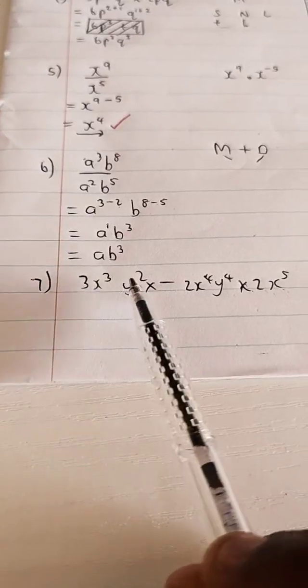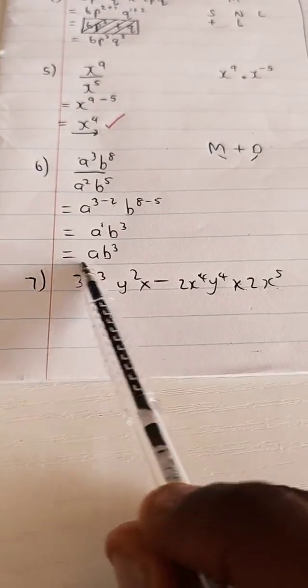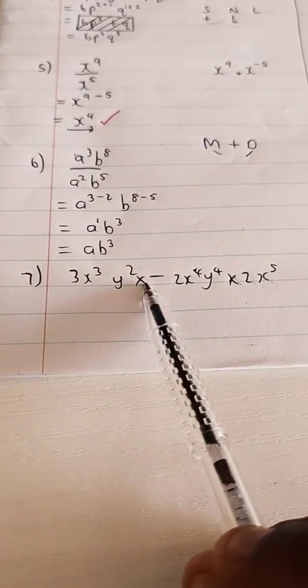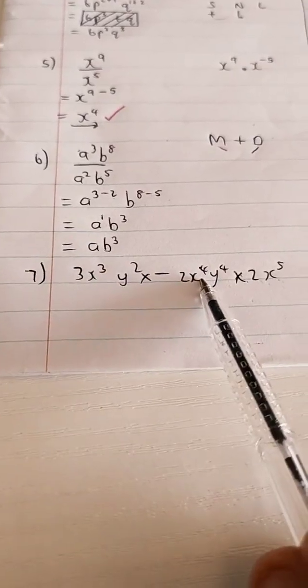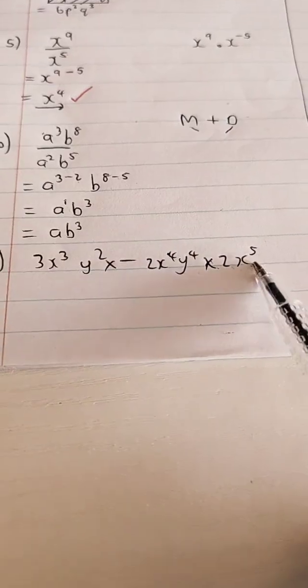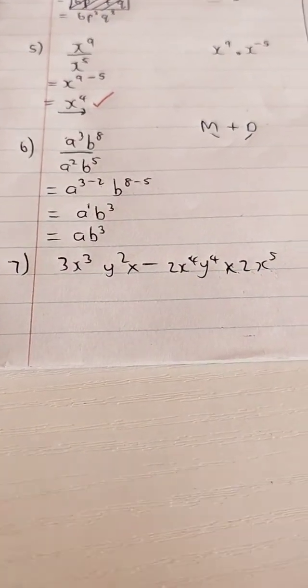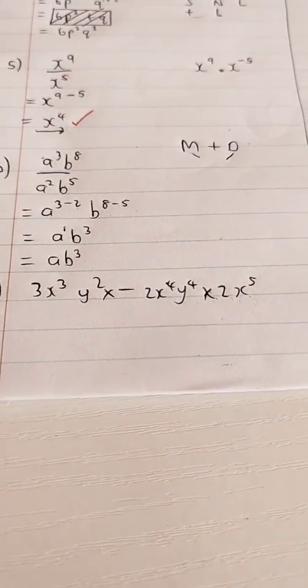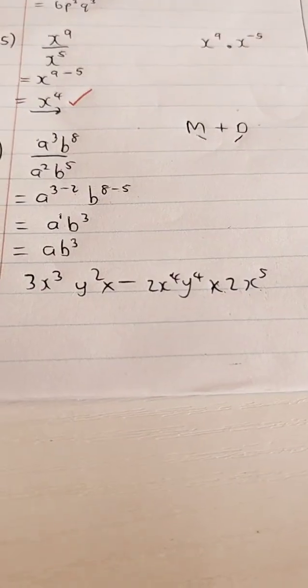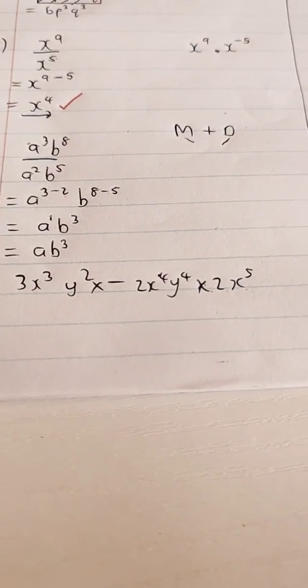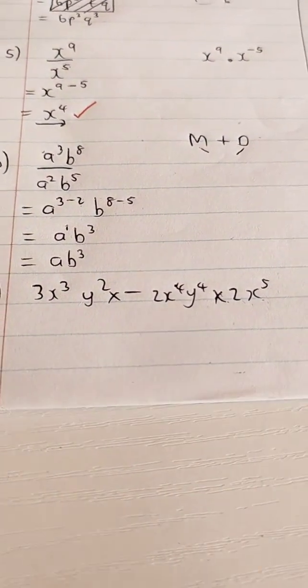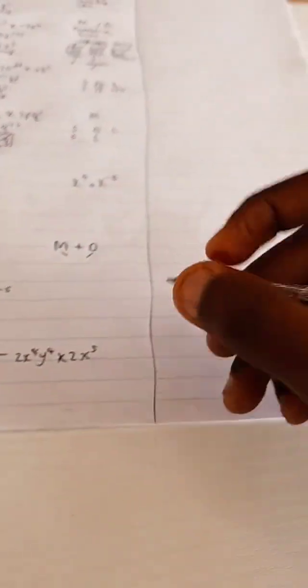Number base, variable base, variable base, combined times this one is negative times this one 2x to the power 5. So the relationship that exists here, guys, is one of multiplication.